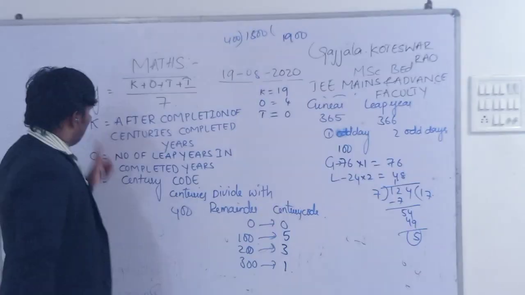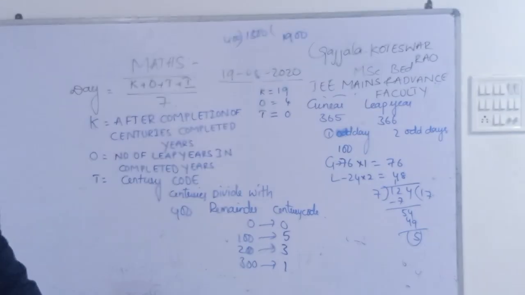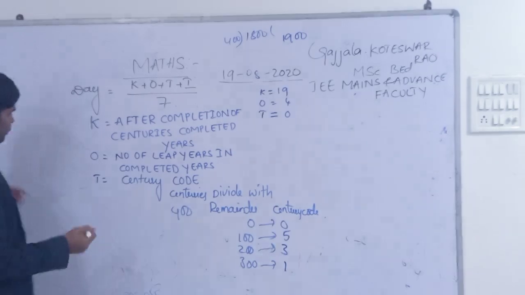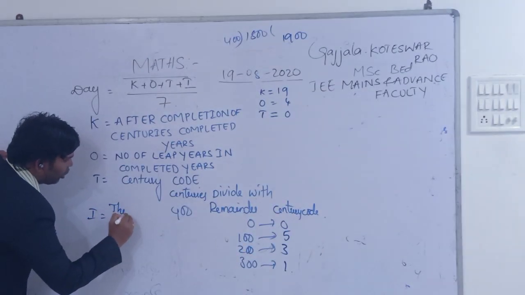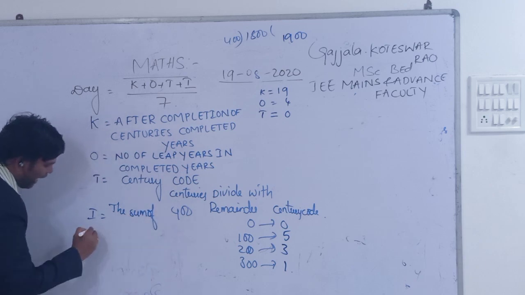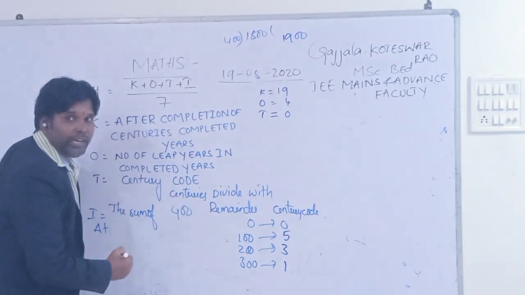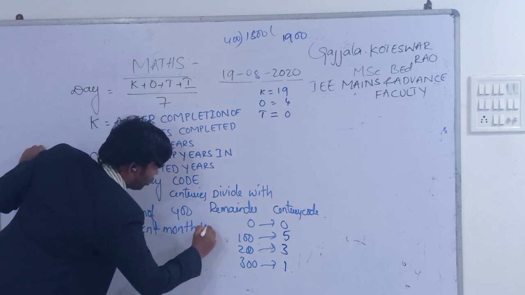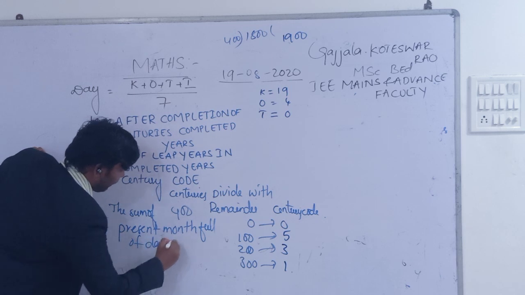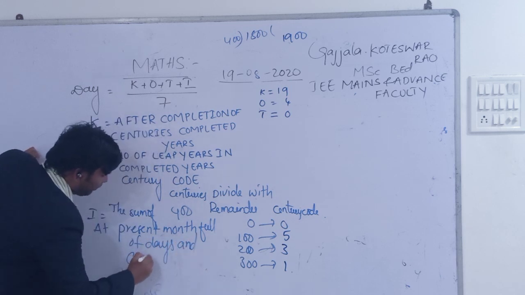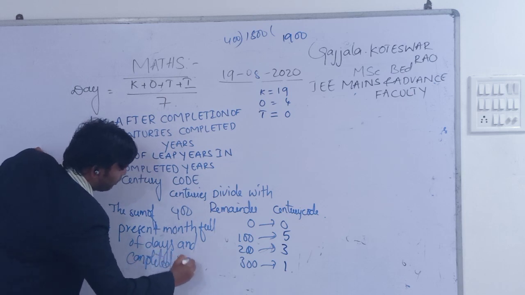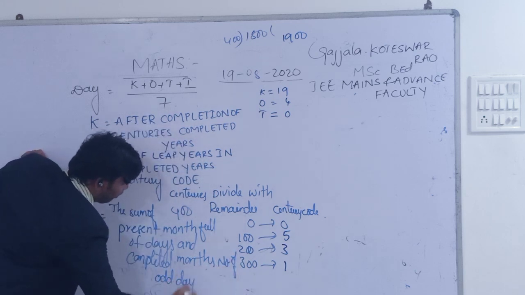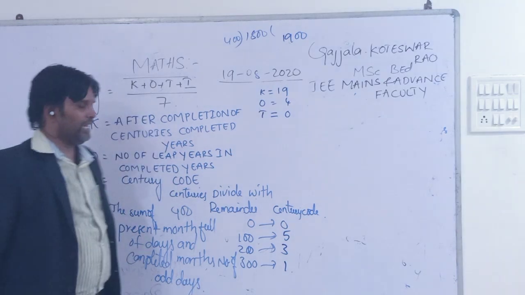And the next one, last and final, is I. Here, I stands for the sum of the present month's full days and the completed months' number of odd days.